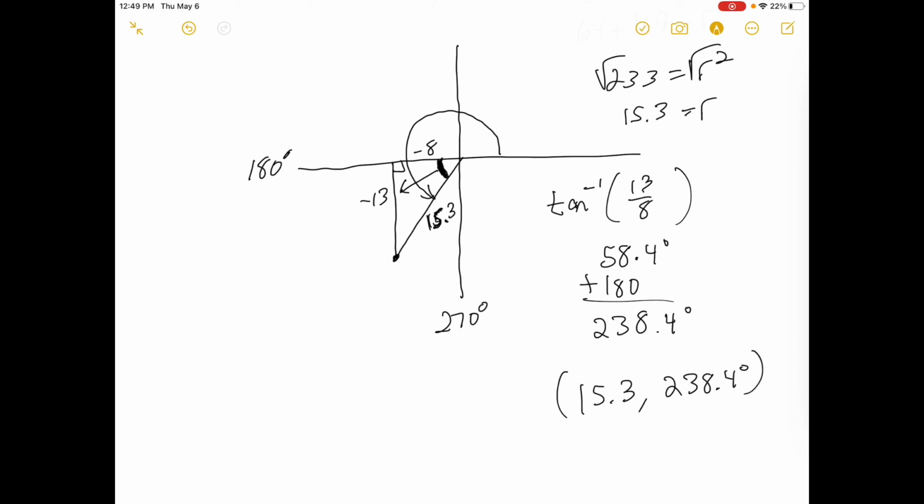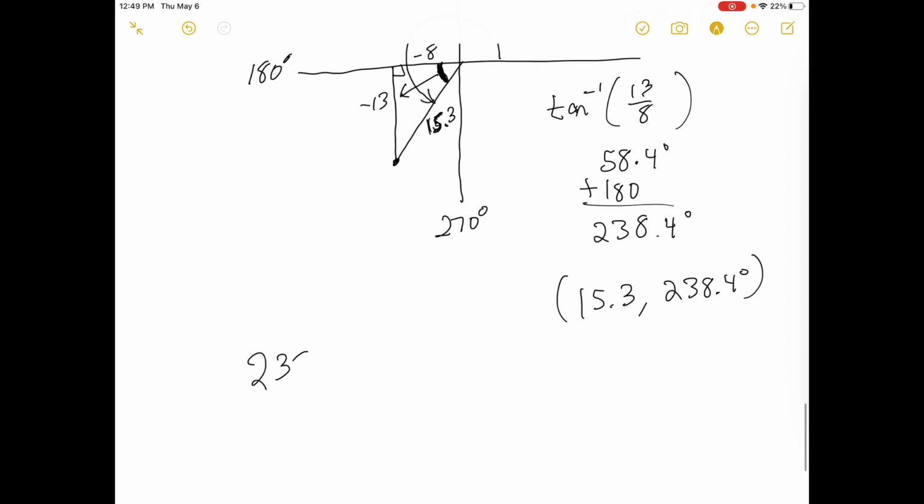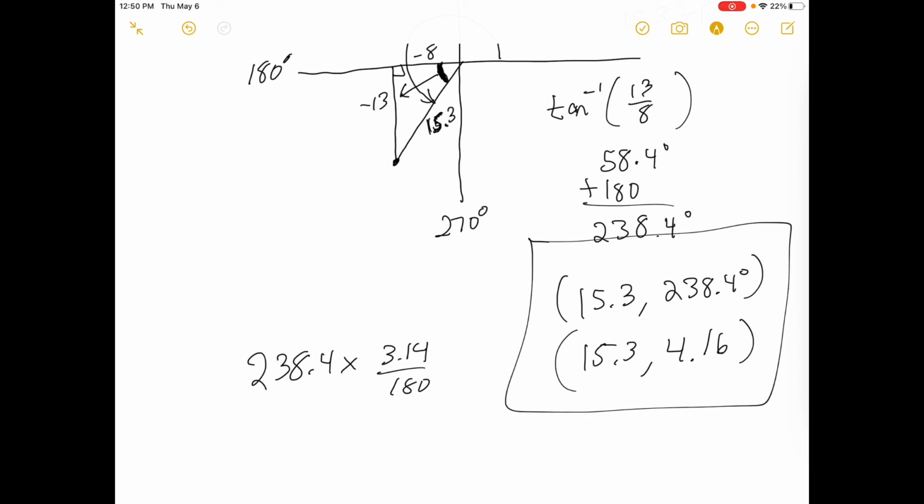Or if we put that in radians, that gives me 4.16. So both of these are correct.